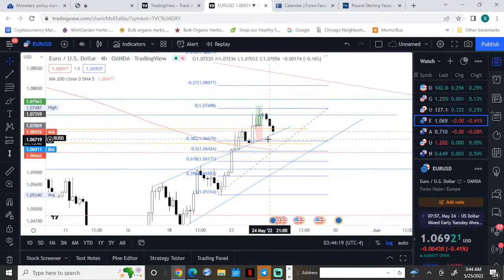So we're going to watch and see if price is going to come to the 382 or if it's going to respect this trend line and continue higher.